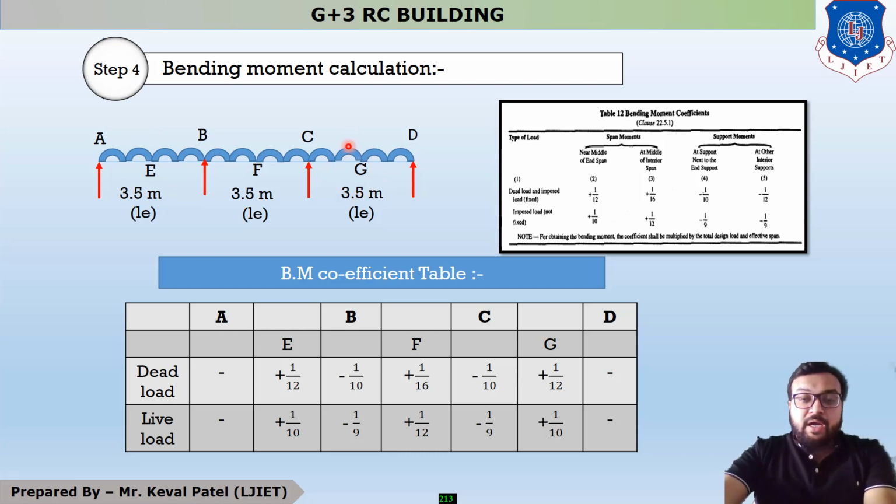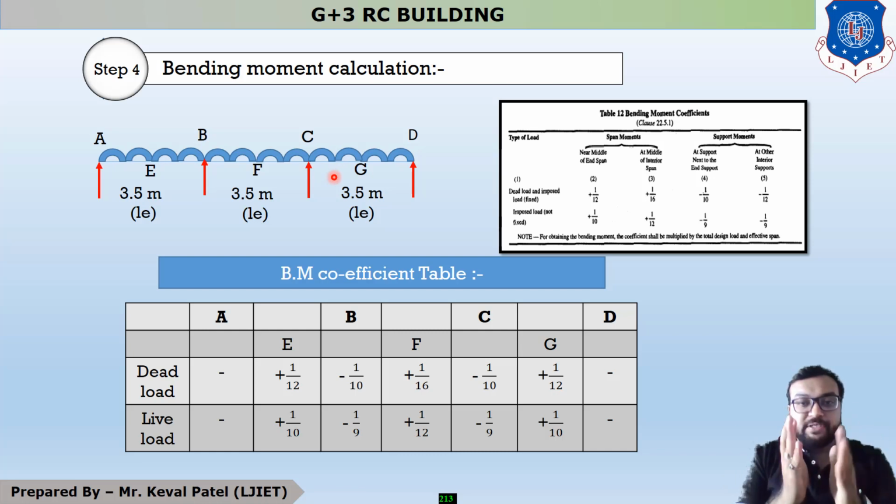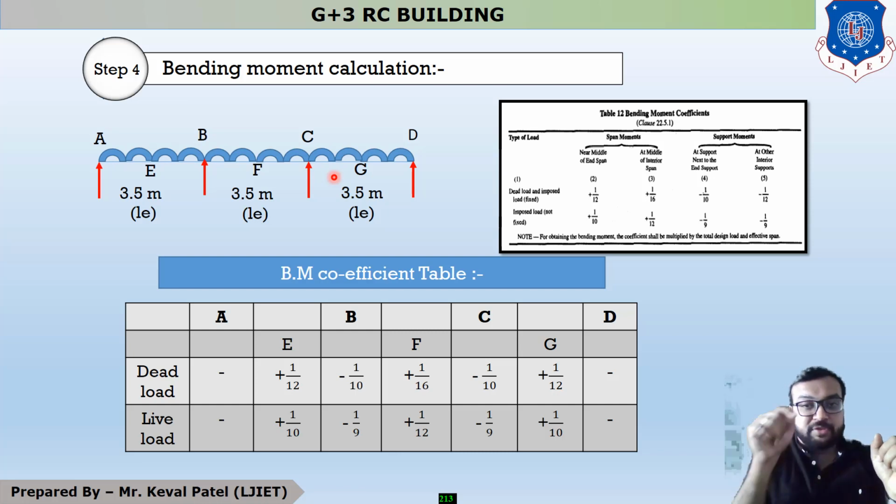Now, how is the bending moment equation made? In the last example, the one way simply supported slab, the equation of bending moment was WL square by 8, in which 1 by 8 is a type of coefficient. That rule is also applicable for this example.